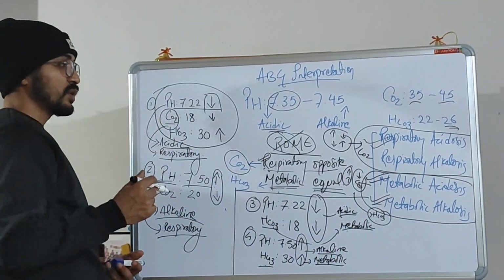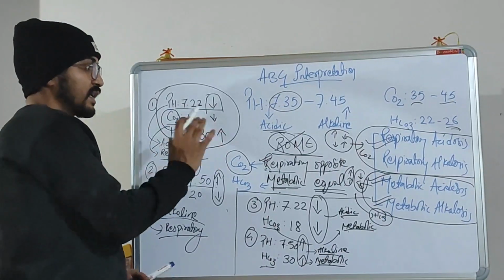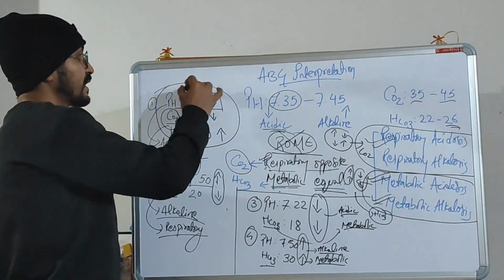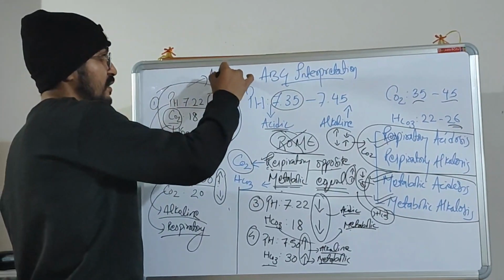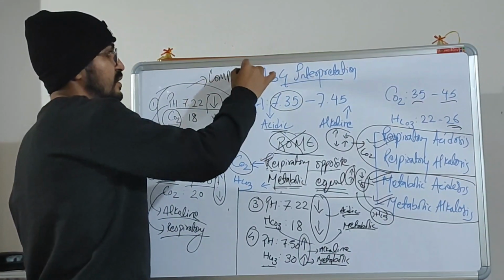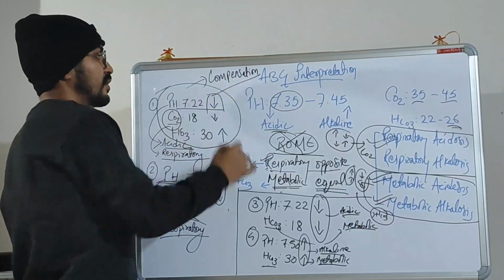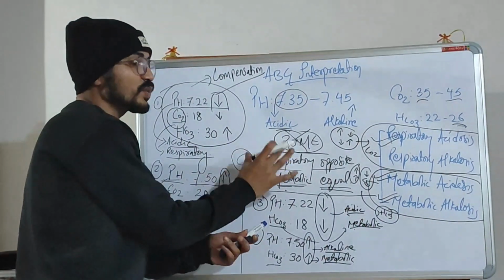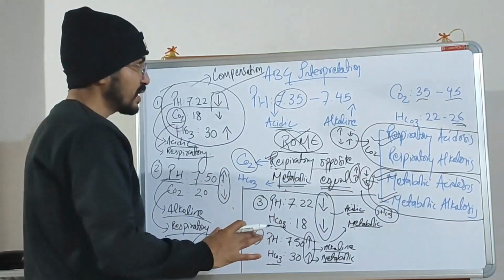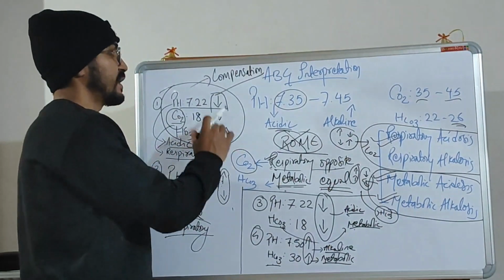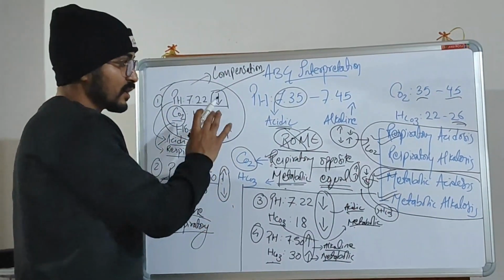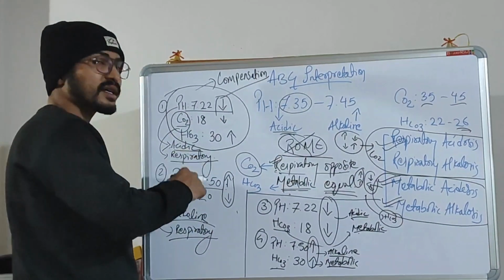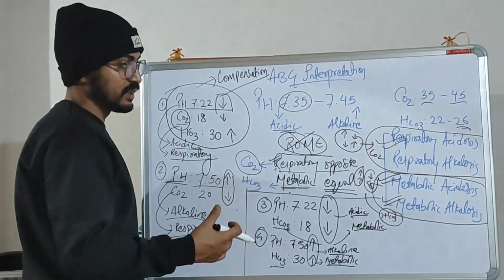So for this kind of report, you can directly call it compensation. Whenever you see values where you are trying to meet the formula of ROME but it is not met, then you can say the body is on compensation, where one is compensating for another.